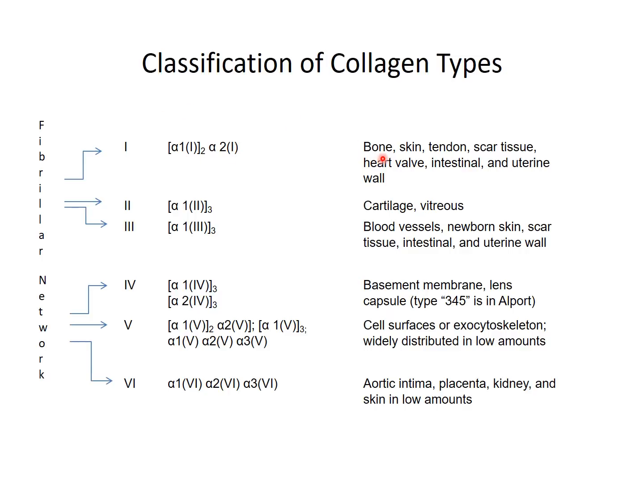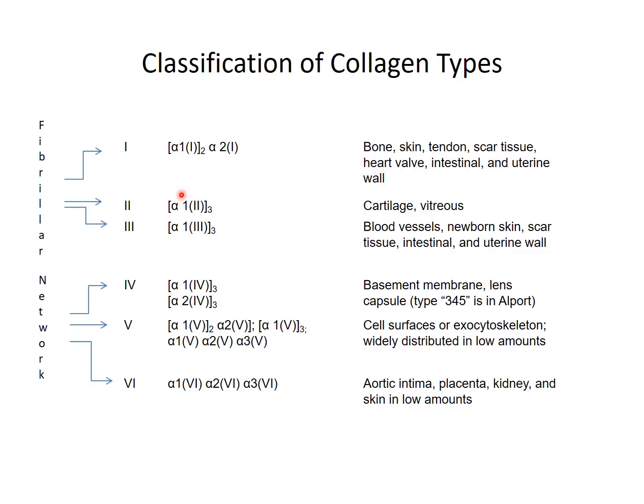And it is mainly found in bone and tendon and skin and scar tissue, and some build the uterine wall, and some is important in the heart and the intestine. Very widespread use.